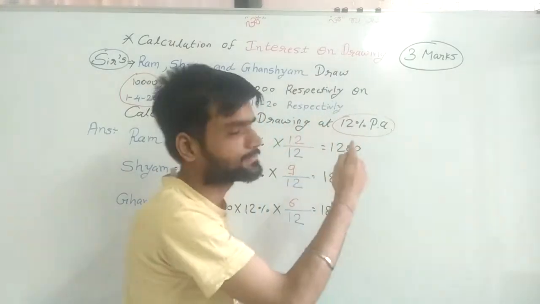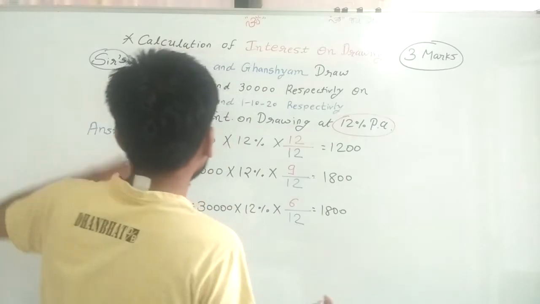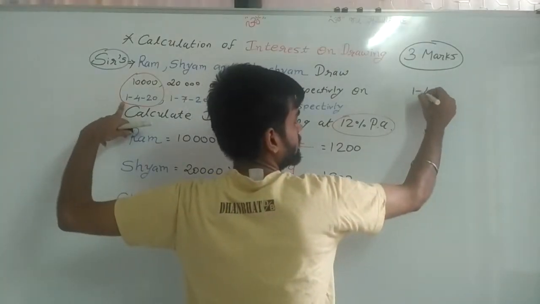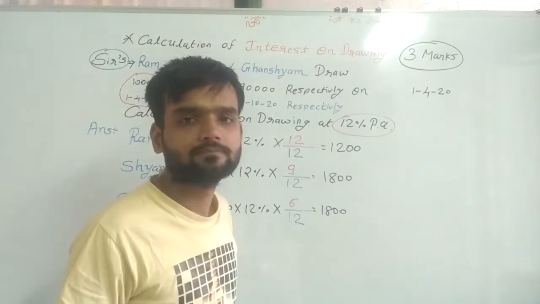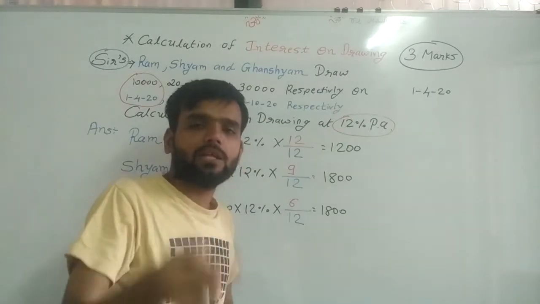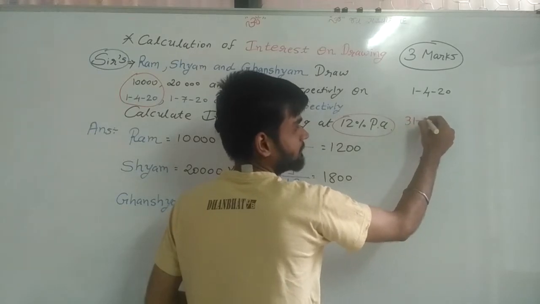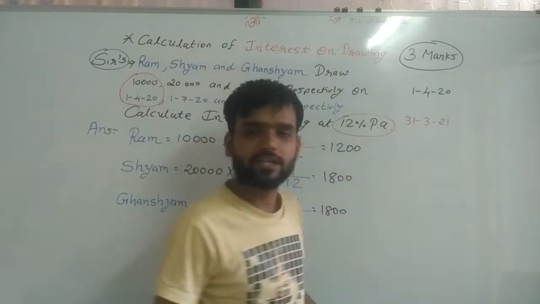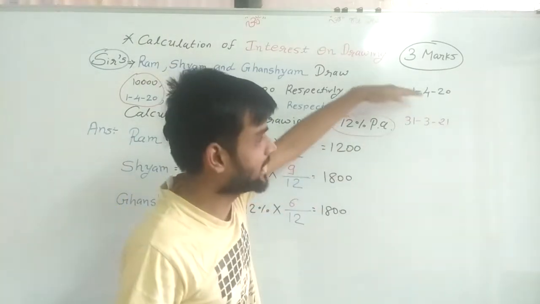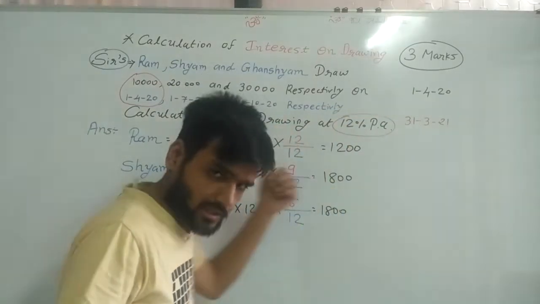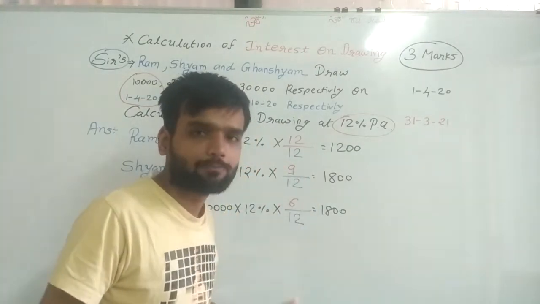So here I am writing date of drawing for Ram only. The date of drawing is 1/4/20. Now my year ending is on 31/3/21. Now calculate how many months the person has withdrawn the money.